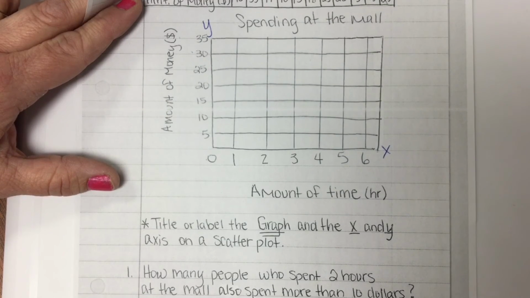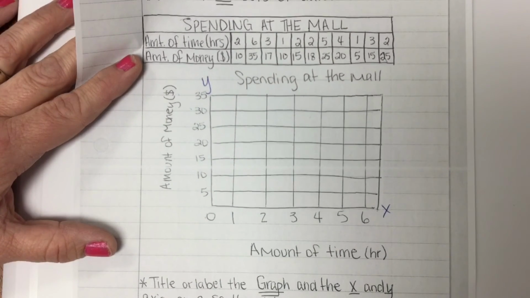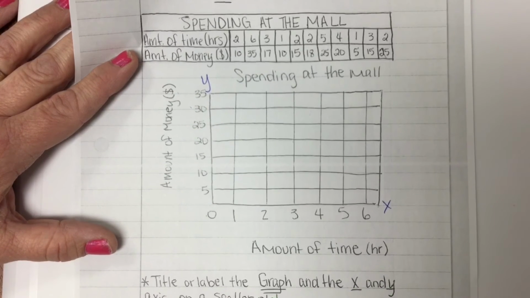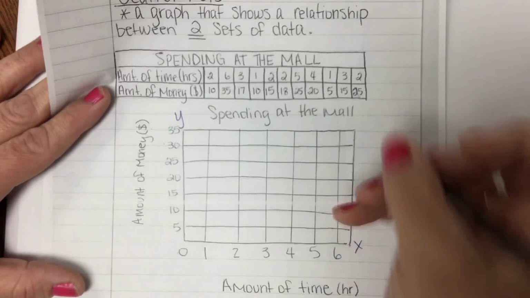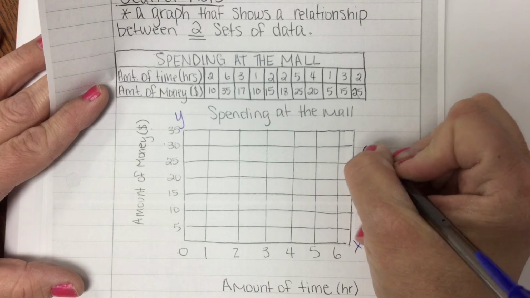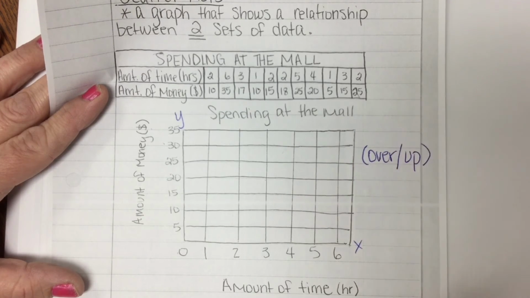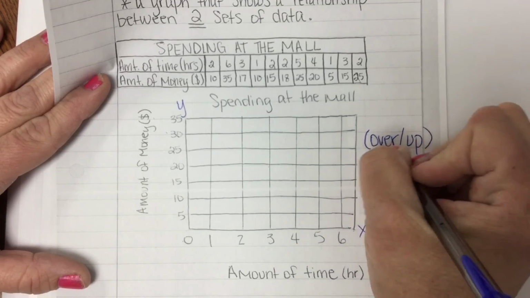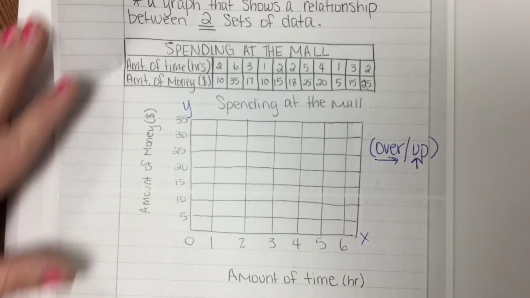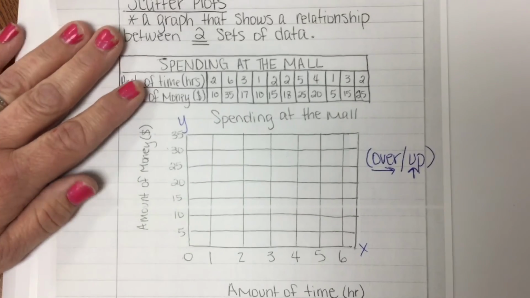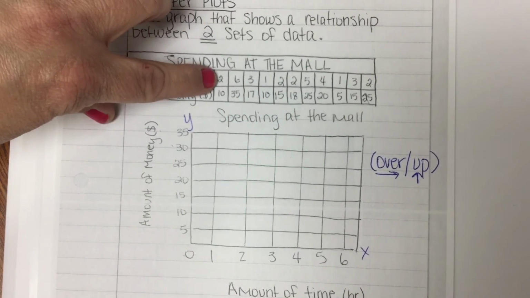All right. Okay, so now you're just going to plot the points, and this is exactly like you did ordered pairs. Okay, over, up. You're going to go over, and then you're going to go up. So I'm just going to plot these points. Okay, amount of time was 2 hours.